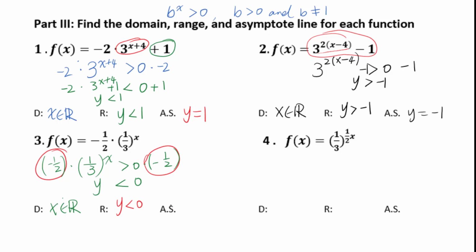For the horizontal asymptote line, y equals 0. For number 4, domain is all real numbers. Range: 1 over 3 to the 1/2 of x power greater than 0. So y greater than 0. Asymptote line will be y equals 0.